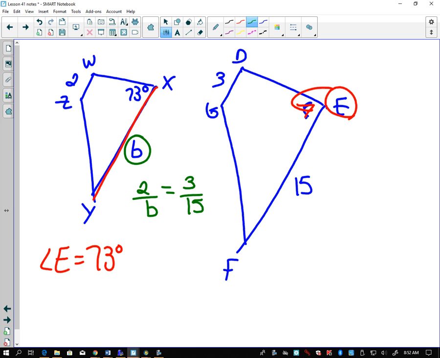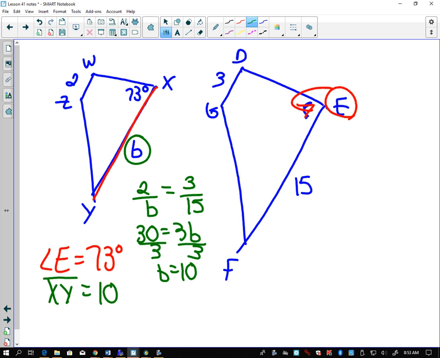Okay, it's fine. All right, what do we get there? Well, give me the step by step. Okay, 15 times 2 is 30 equals 3B. Divide by 3. B equals 10. So XY equals 10.